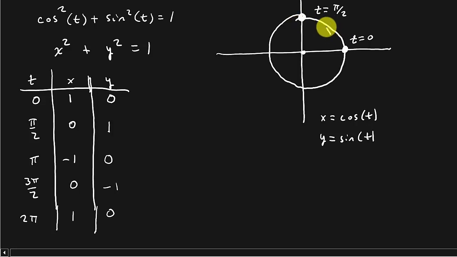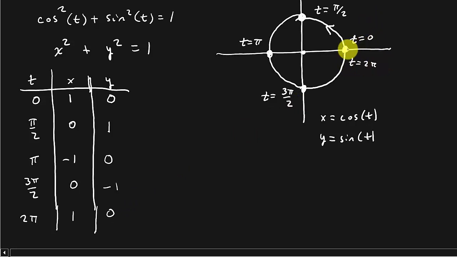Then I've got the point -1, 0, when t equals pi. Then I've got the point 0, -1, when t equals 3 pi over 2. And then I'm back to the point 1, 0 at t equals 2 pi.